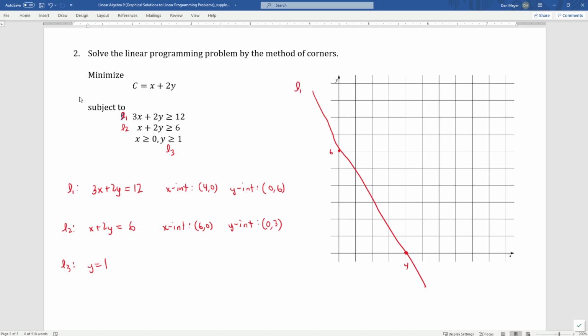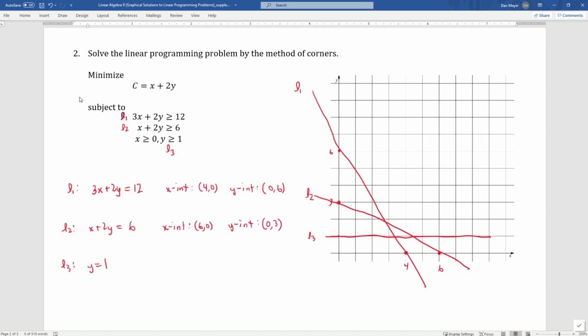Line 2 has an x-intercept of 6 and a y-intercept of 3. Line 3 is the horizontal line, y equals 1. So it's going to be a horizontal line passing through y equals 1.